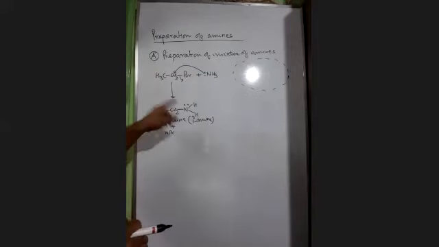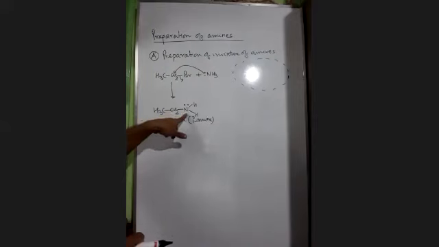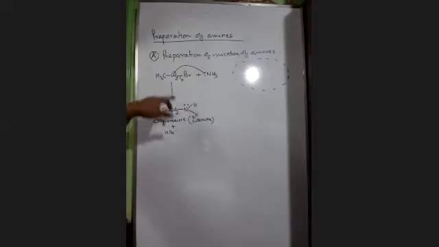The moment you form ethylamine, this is a stronger nucleophile than ammonia. Why? Because your ethyl group is electron donating, so it supplies more electron density to the nitrogen. So this nitrogen becomes more nucleophilic. Now there is a competition between this and this. Obviously, the better nucleophile is going to react. So the next molecule of haloalkane will react with this, not with ammonia.